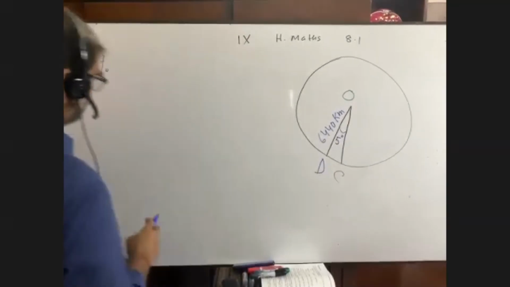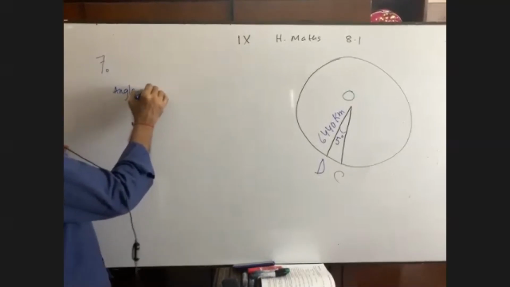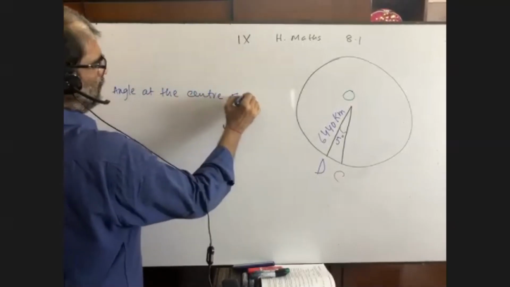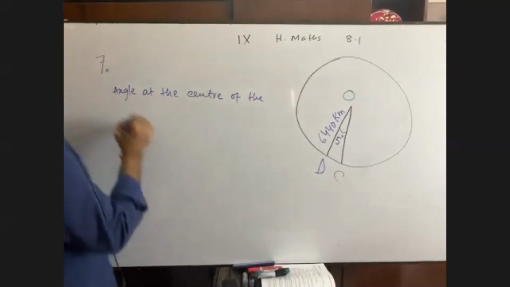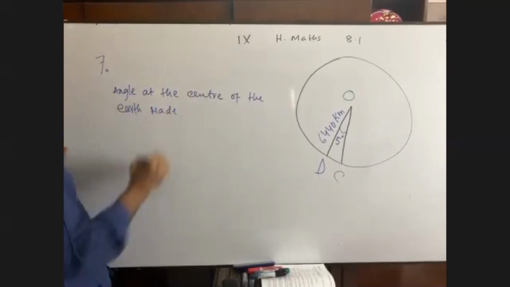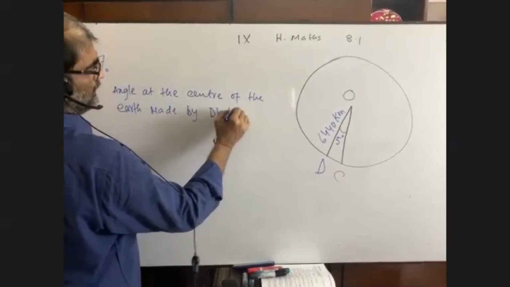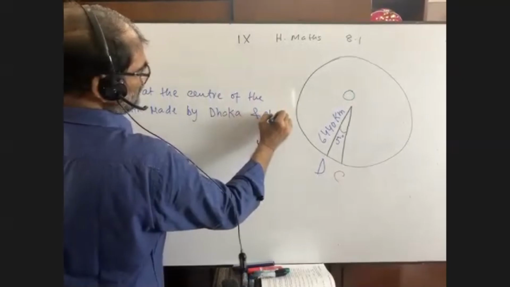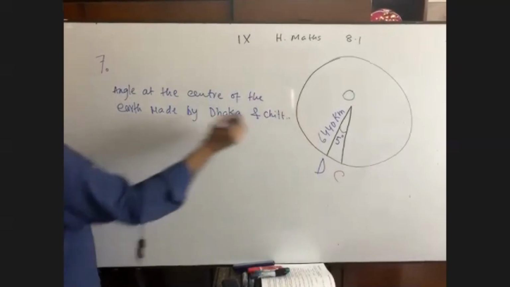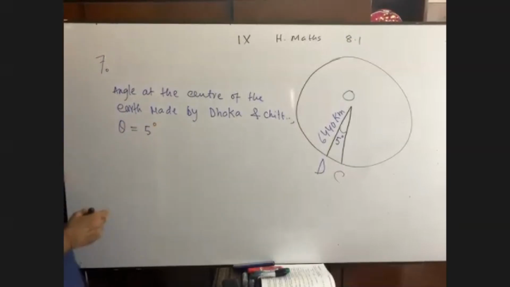So you write down here: angle at the center of the Earth made by Dhaka and Chittagong, theta equals 5 degree.